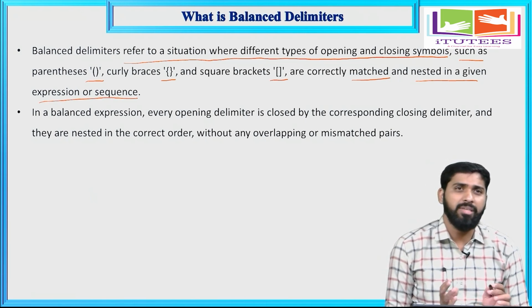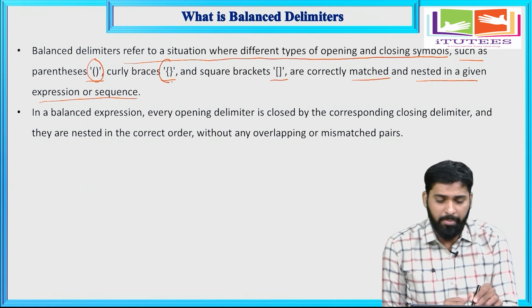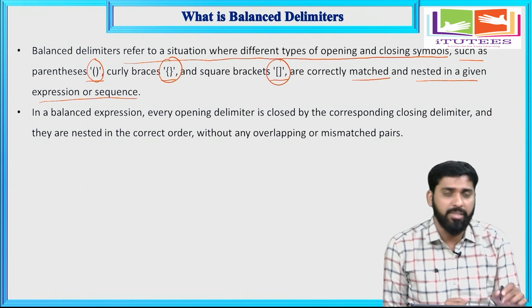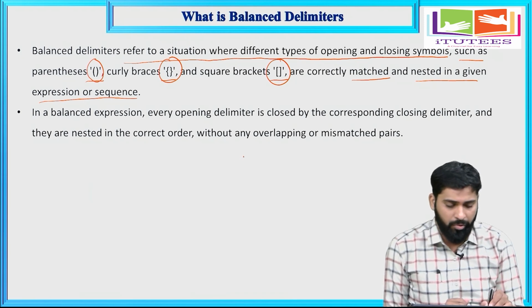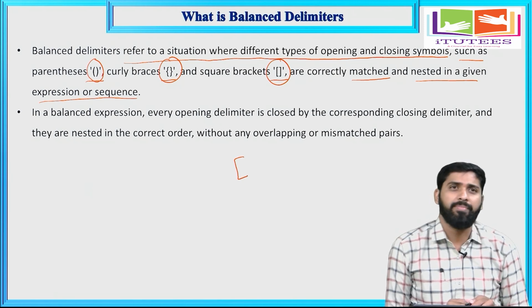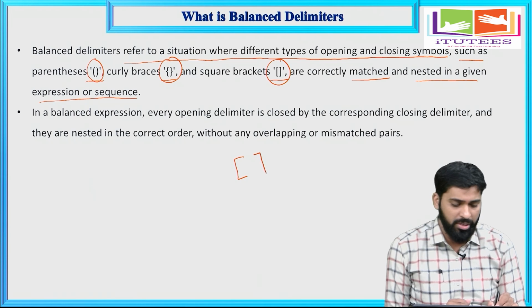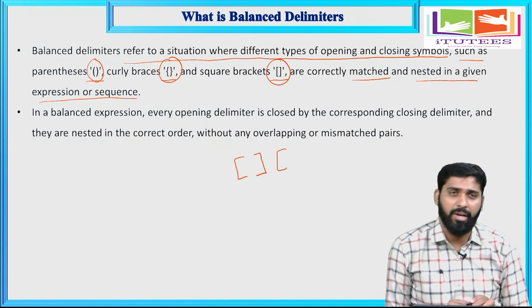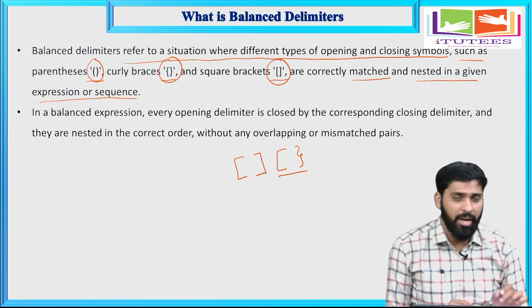A delimiter is nothing but these brackets, parentheses, curly braces and square brackets. Balanced delimiters means they are correctly matched or not. For example, if I open a square bracket, we are going to use a closing square bracket. If I open with a square bracket and close with a curly bracket, then it is unbalanced.